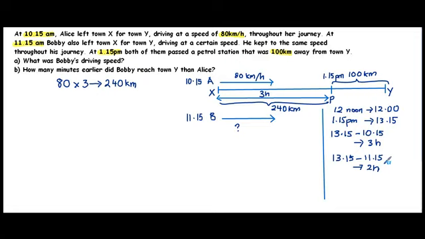Since Bobby took 2 hours to reach the petrol station, which is 240 kilometers away, we can therefore calculate Bobby's driving speed.